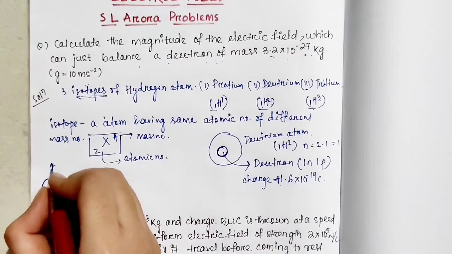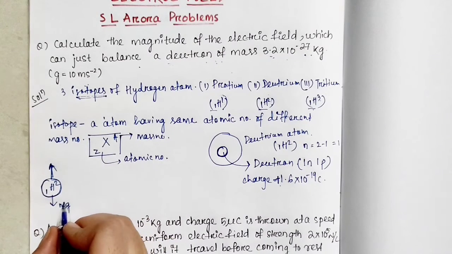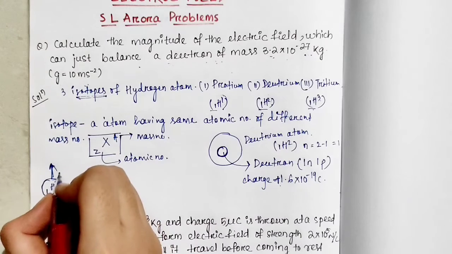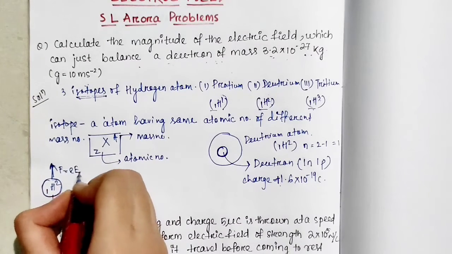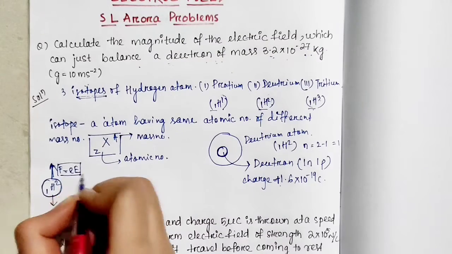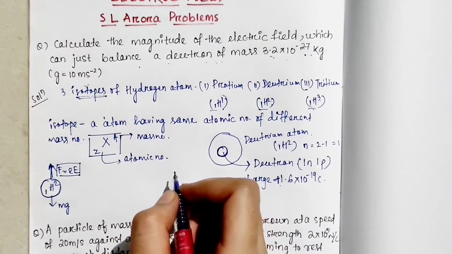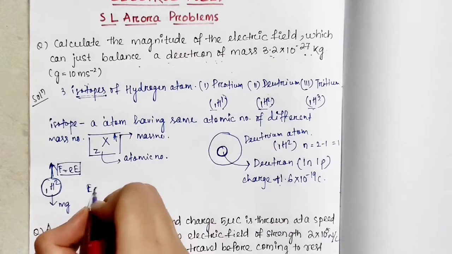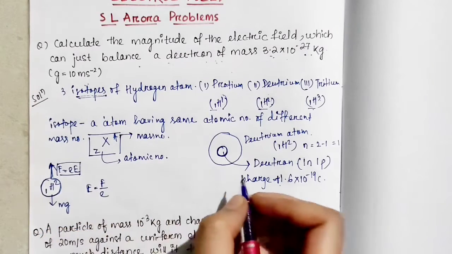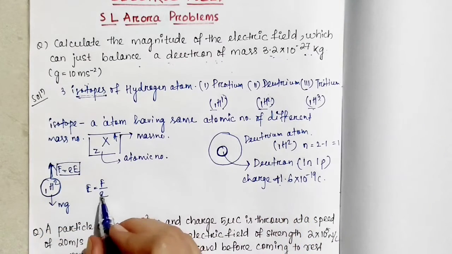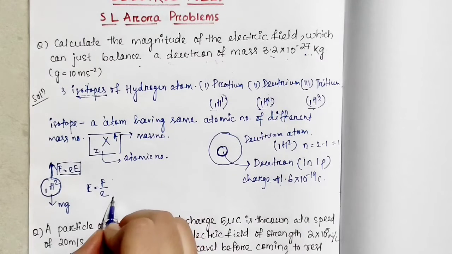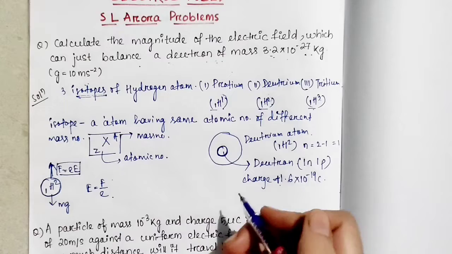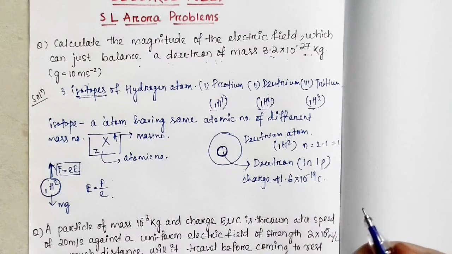Why upward? To balance this gravitational force, that is F = qE. As we read previously, E = F/q, because the electric field formula is force upon charge. Here the charge is 1.6 × 10^-19 coulomb.